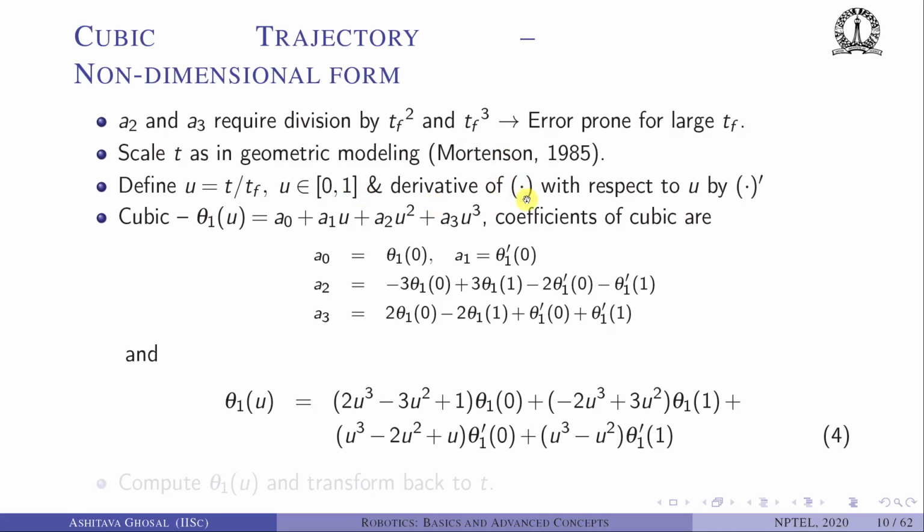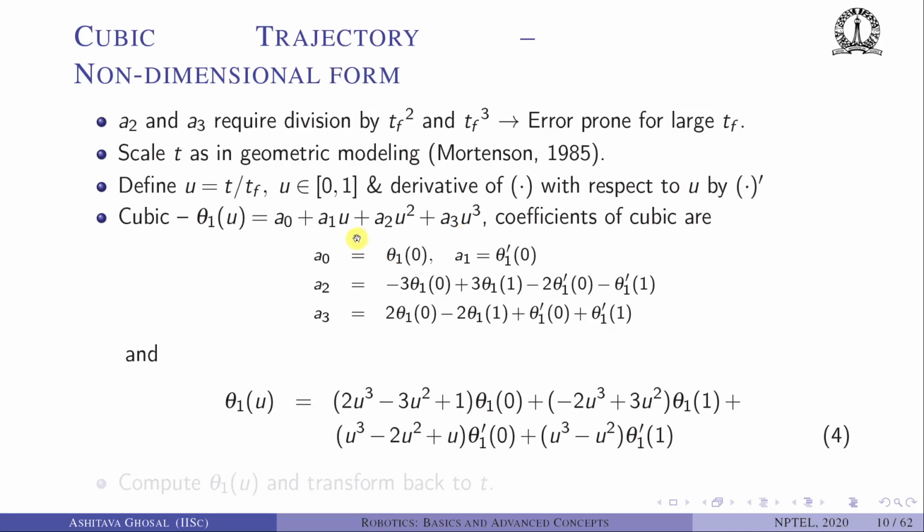And the derivative of this cubic with respect to u is denoted by a prime. So the cubic now becomes theta1(u) equals a0 plus a1 u plus a2 u square plus a3 u cube.